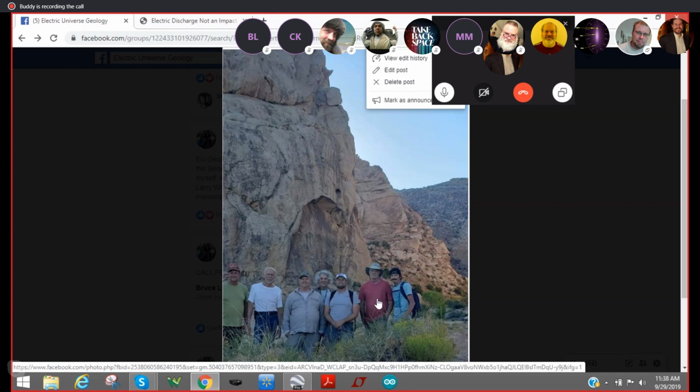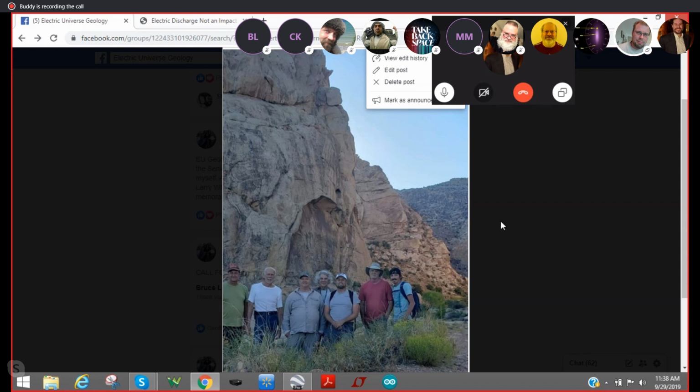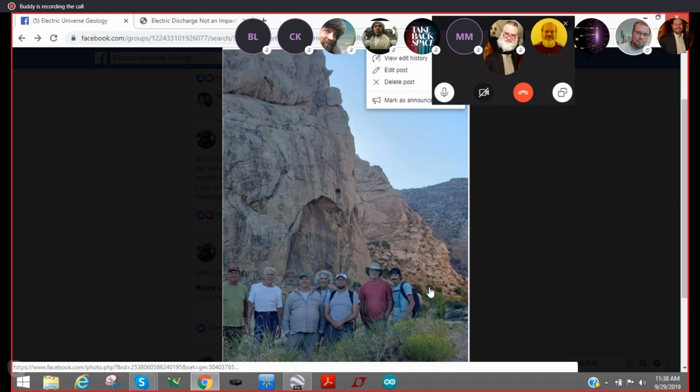But this is outside of Three Fingers Canyon because they wanted to show Larry Fitz the site that we had seen with that fused wall with all the medium, and it's kind of right back behind here down on the creek bed, if anybody ever wants to go to the site. Yes.